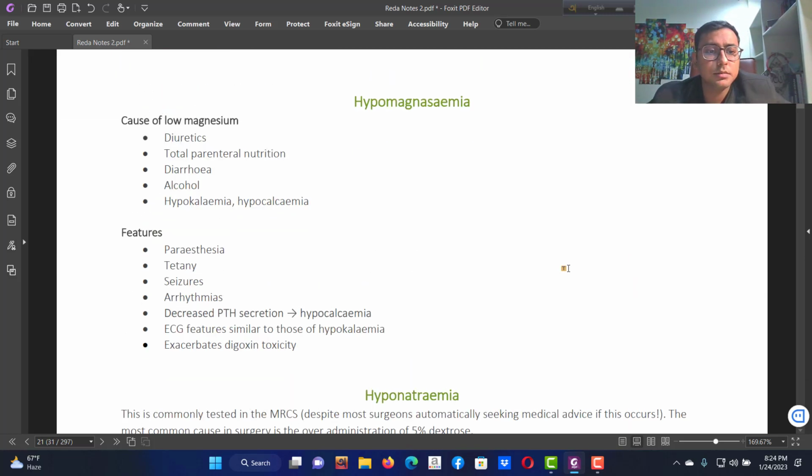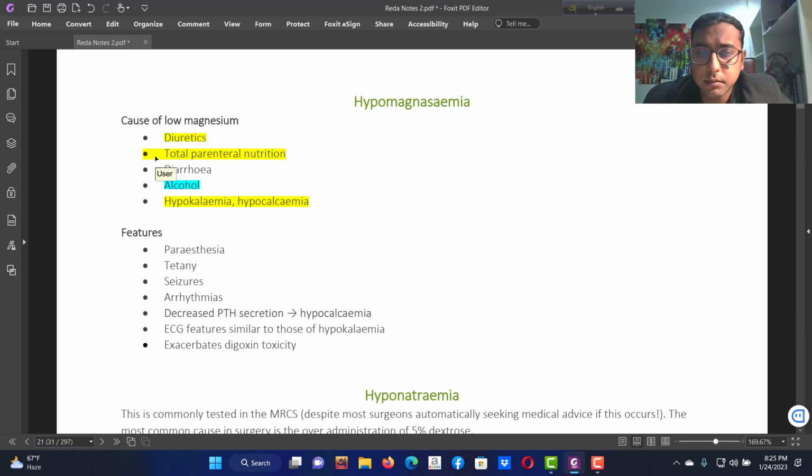Now hypomagnesemia. It is one of the important metabolic problems, associated with alcohol, hypokalemia, hypocalcemia, diuretics, and TPN. Total parenteral nutrition: I told you in my Bailey lecture on fluid and nutrition, there is a diagram of total parenteral nutrition related disorders.